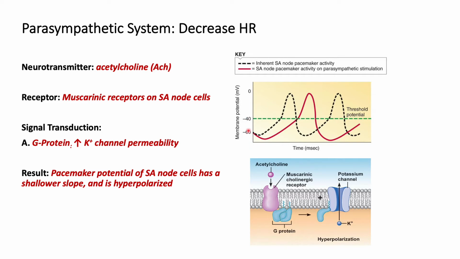So going back to this membrane potential figure we just looked at, we see we both hyperpolarize now due to this increased permeability of potassium channel, and we elongate this drift to threshold. Okay? Because we hit threshold less often, fewer contractions, we've effectively decreased our heart rate with this parasympathetic response.